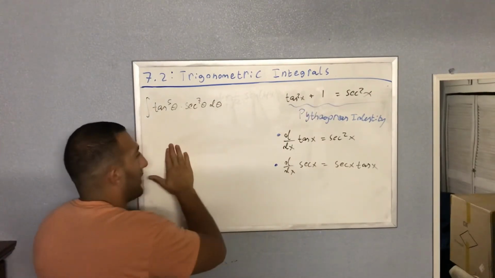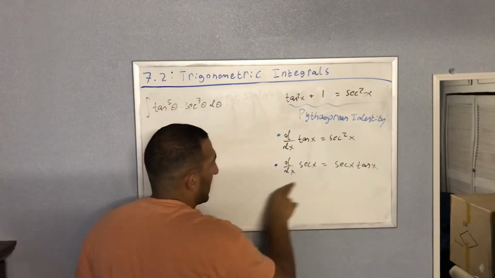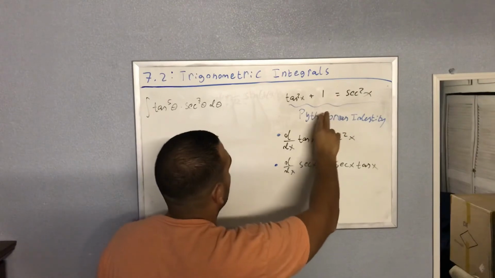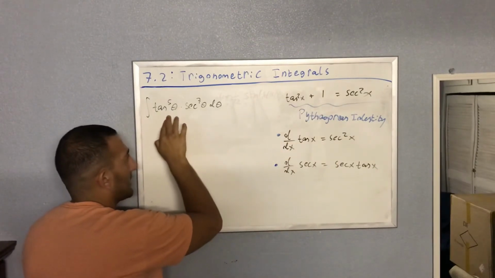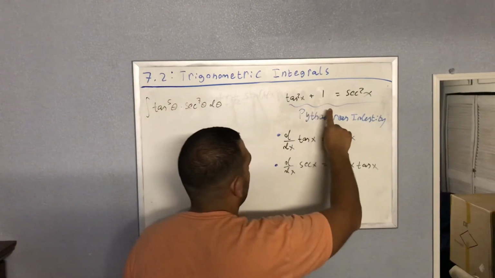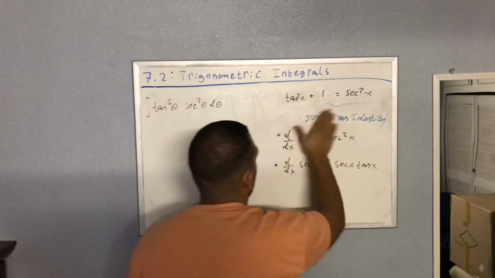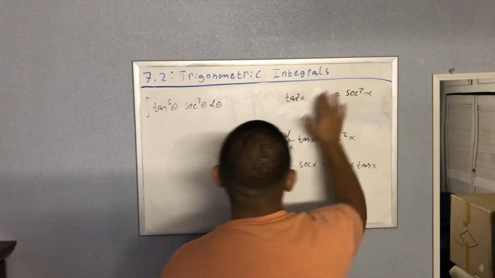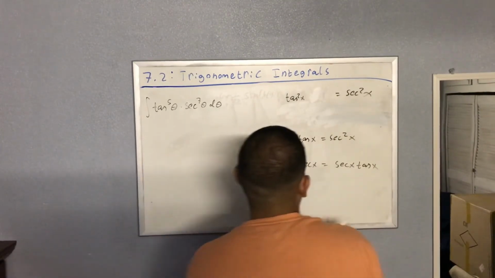So we probably need to invoke this strategy and turn this into a form where the tangents actually give us something. If you rewrite this slightly, you can see that tangent squared is secant squared minus 1.